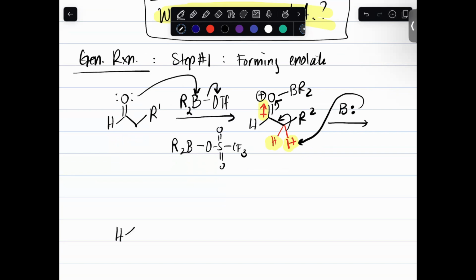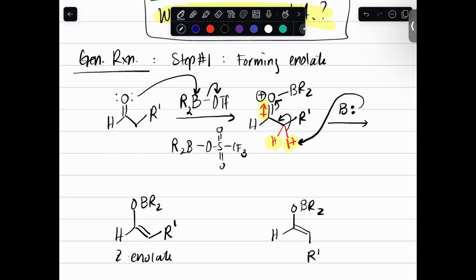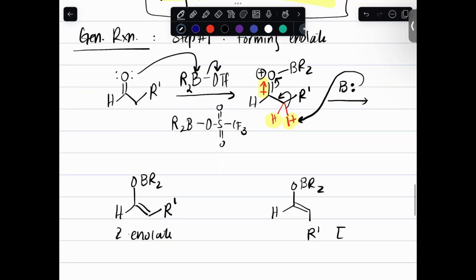So let me go ahead and draw out my Z-enolate first. And I'll draw out my E-enolate.